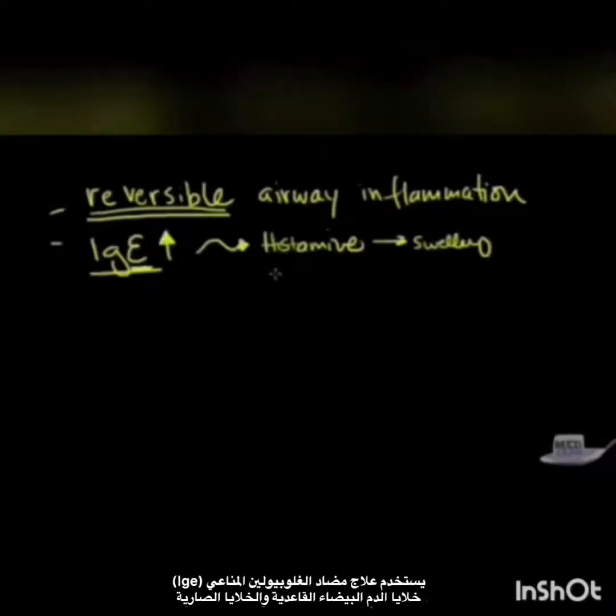IgE uses the basophils and mast cells. These release histamine. There are ways of preventing these cells from releasing histamine, and that is sodium chromoglycate.